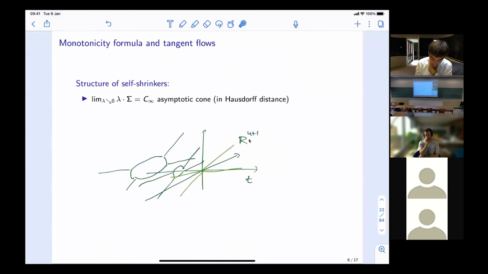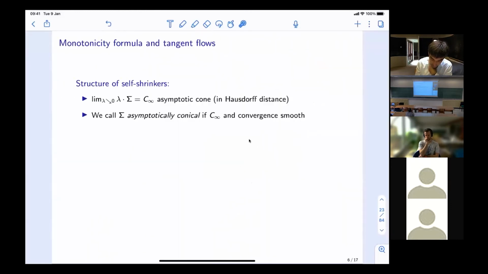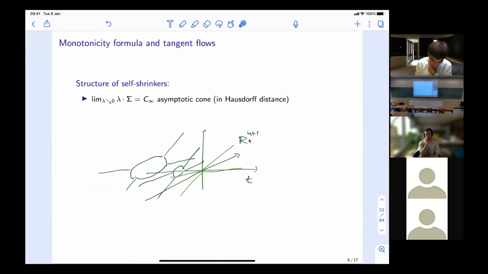Now, what is the idea of Lu, how to prove this? The idea is this picture, actually. You have the self-shrinker evolution, and it evolves into the cone. Assume you have two solutions with the same asymptotic cone. So you would have two solutions flowing into the same, if you're away from the origin, everything is nice and smooth. It flows into the same smooth hypersurface. Now if you know parabolic equations, there's something like backwards uniqueness.